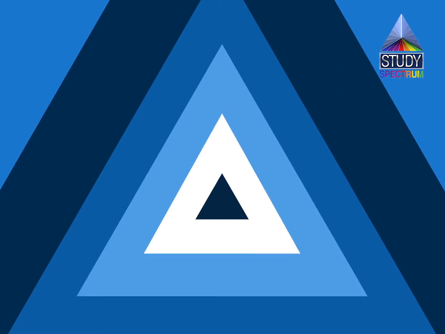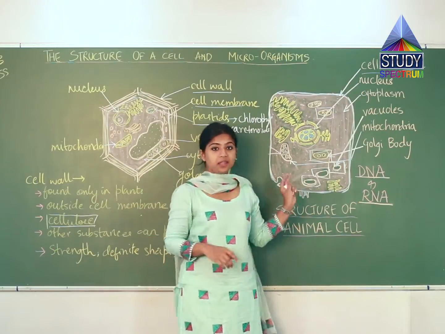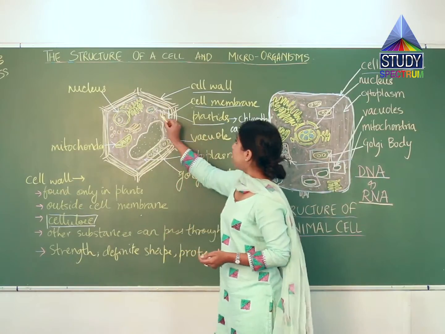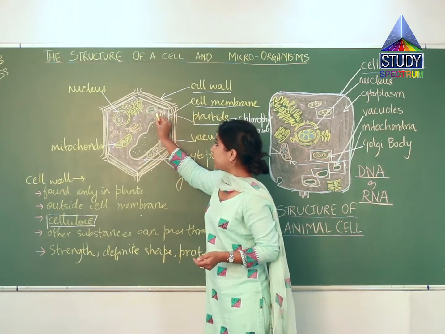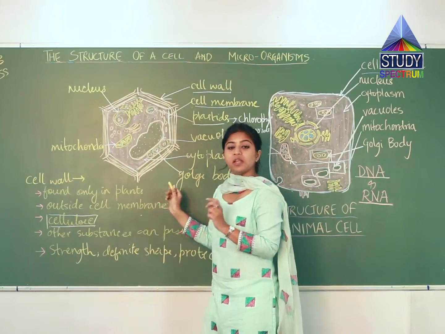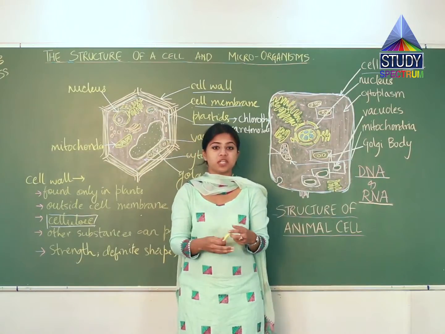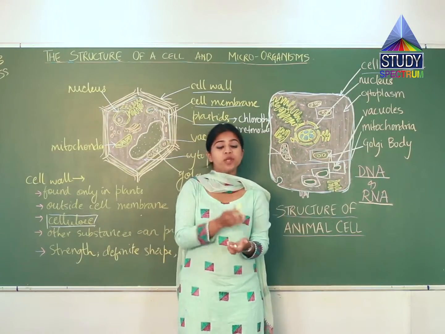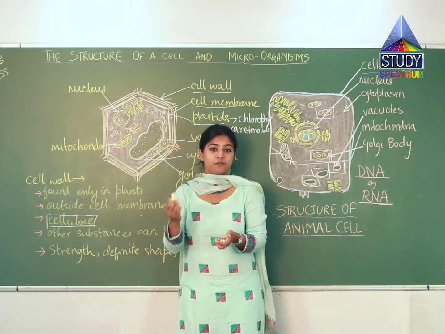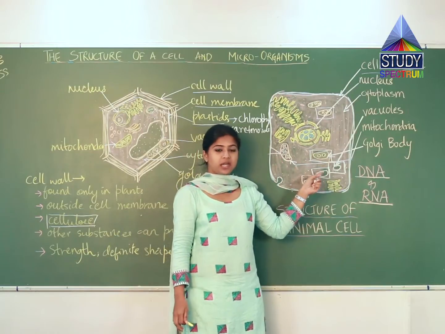So the next point of differentiation between the plant cell and the animal cell would be that, as I just explained to you, these plant cells have organelles known as plastids that contain chlorophyll, and this chlorophyll is responsible for the process of photosynthesis, which helps the plant to produce food for themselves, while in the animal cell we do not see that.